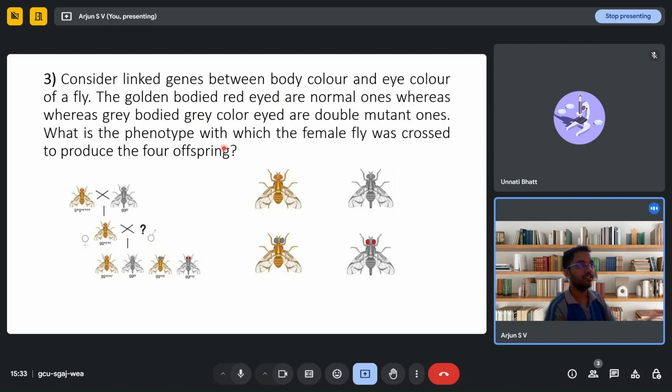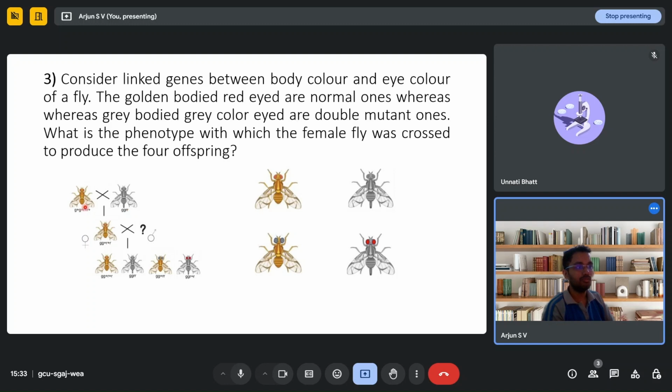What is the phenotype with which the female fly was crossed to produce the four offspring? They are given a cross here, where G plus is the golden color, R plus is the red color, G is the gray color, and R is the black-gray eye color.